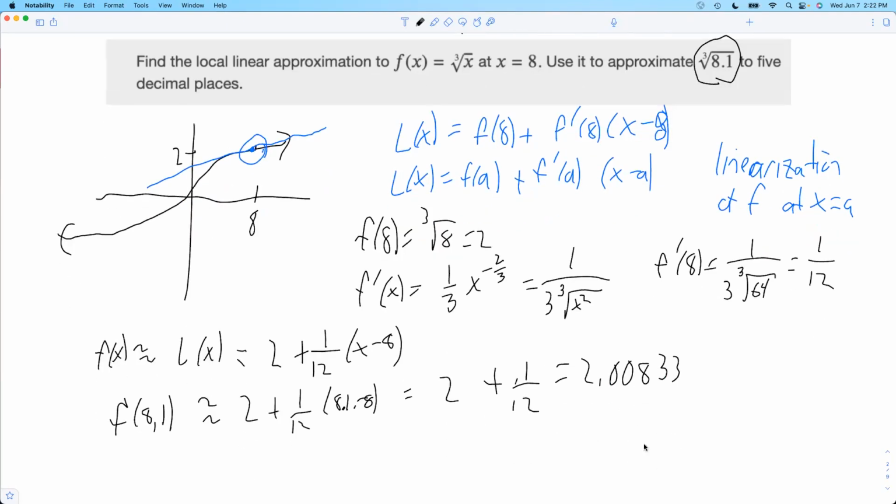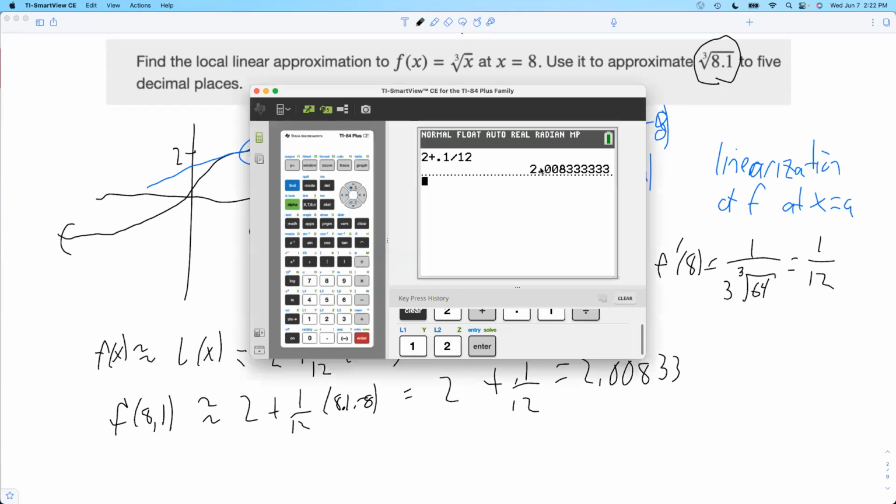Now for fun, let's use the calculator to see what cube root of 8.1 really is. So 8.1 to the 1/3 power. Come on, that is a fantastic approximation. It's not perfect, but it's really good. I'm correct up to rounding here to the 4th decimal place.